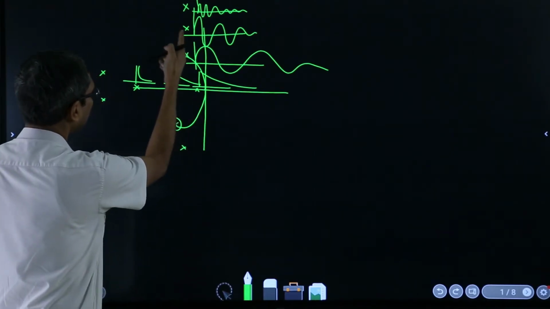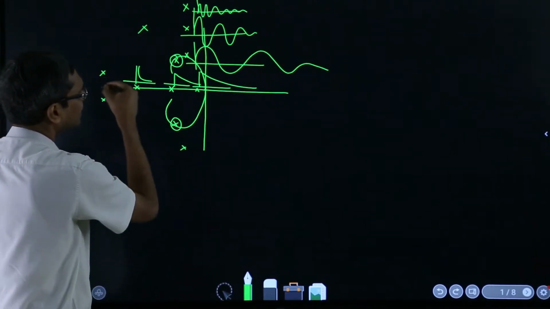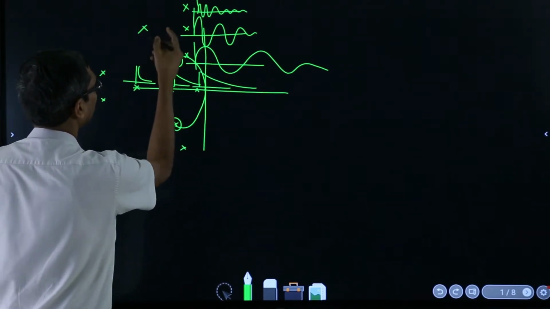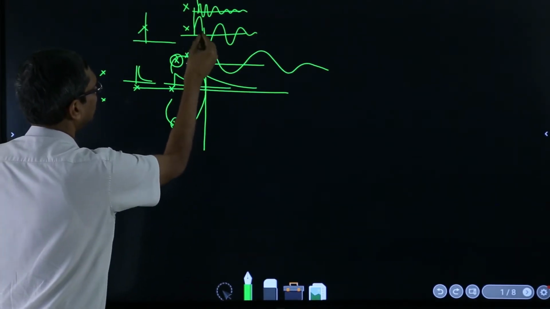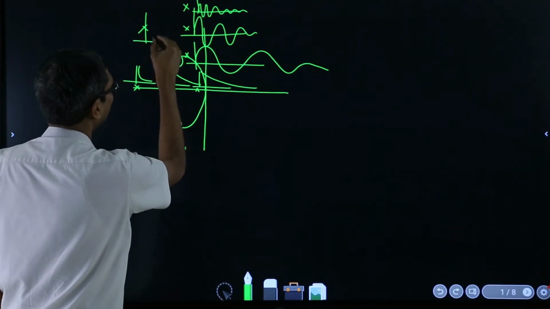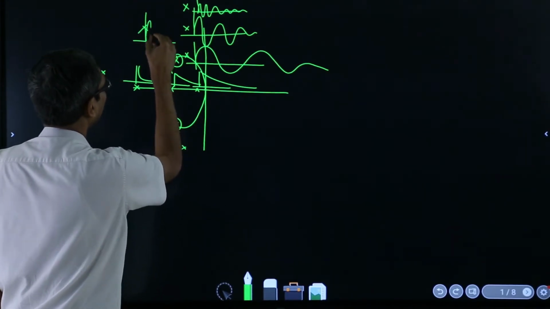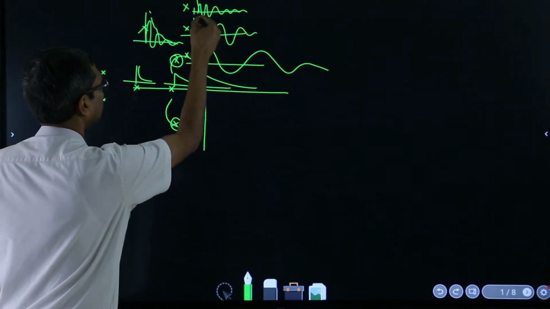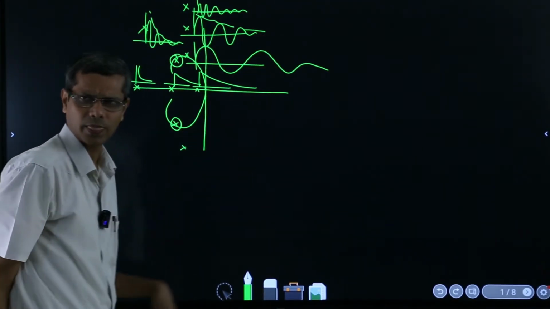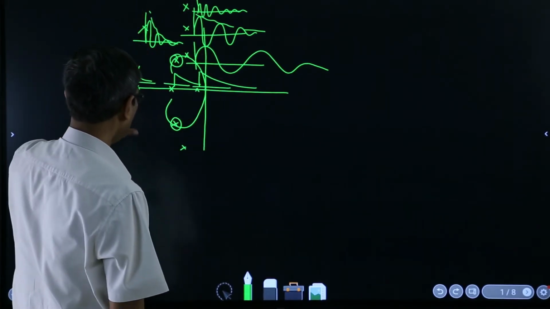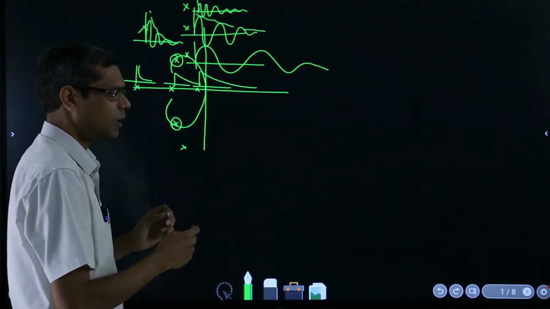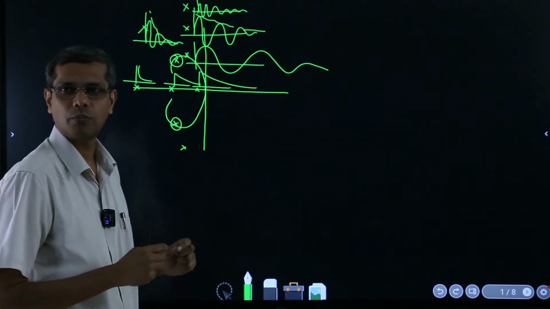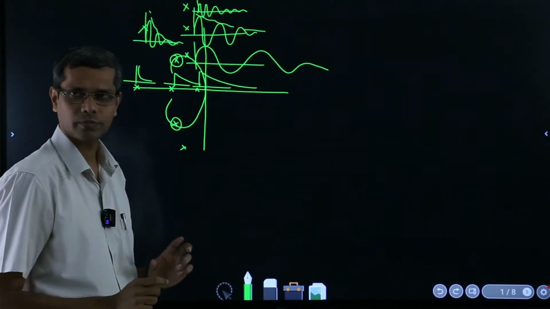And if I go to the left of this, the dying rate will increase. So the same thing, if I draw it here, the frequency will remain the same, but the dying rate will increase. That is how the complex plane represents a pole being somewhere.